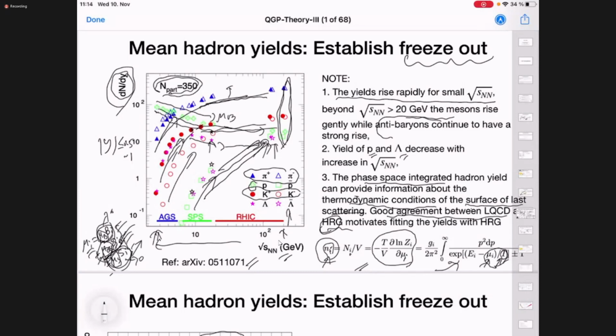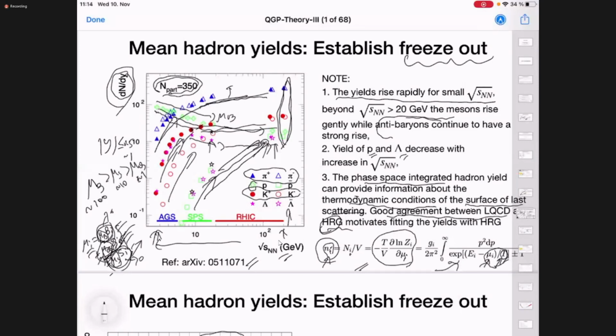And from these extracted values, what we see is that the largest is mu b, then mu s, then mu q. And typically, if this is 100, then this is 10, and this is like 1 MeV.